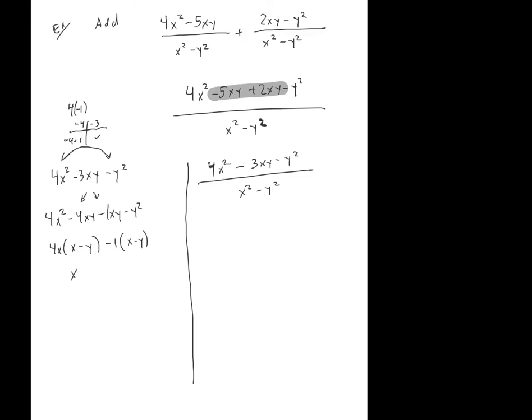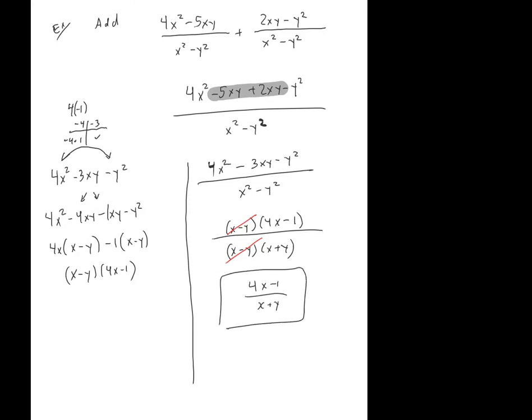So our factored form looks like this. That's what the top is. The bottom is just x minus y, x plus y. And if you notice, we have some cancellation there, leaving us with just 4x minus 1 over x plus y.